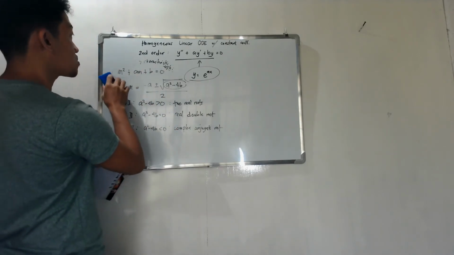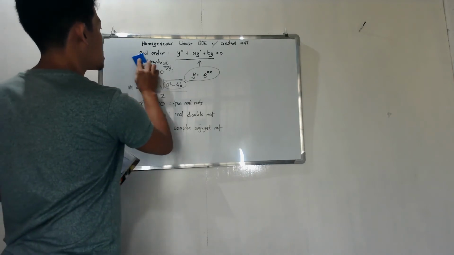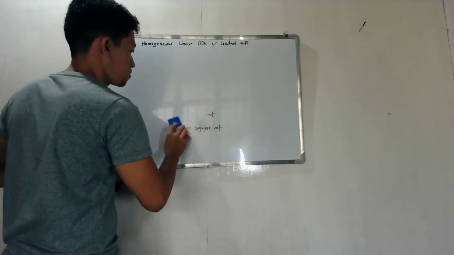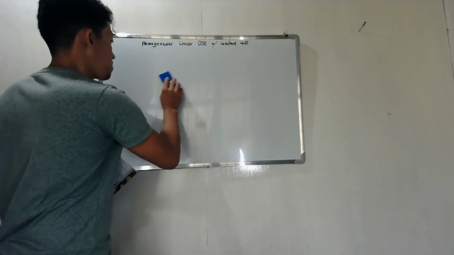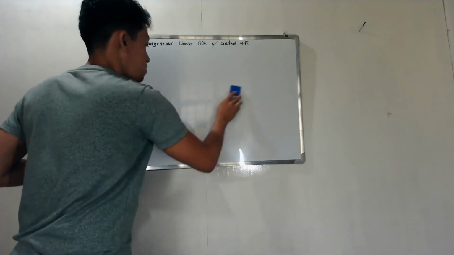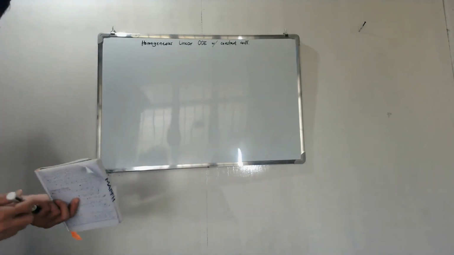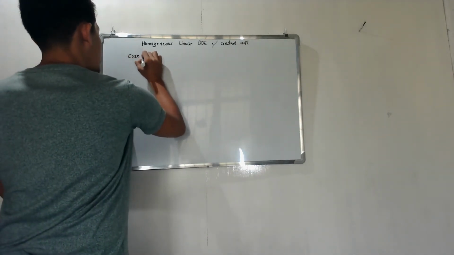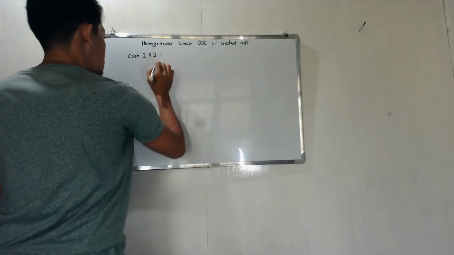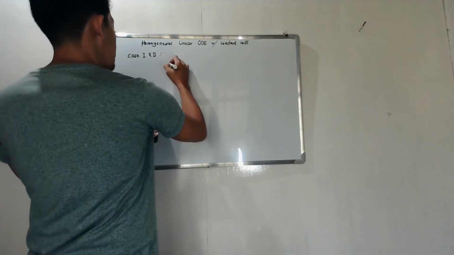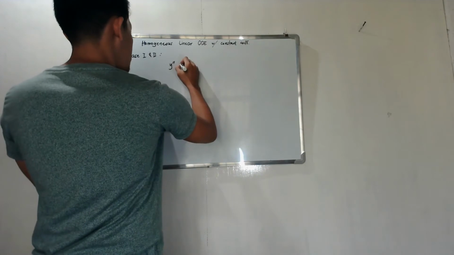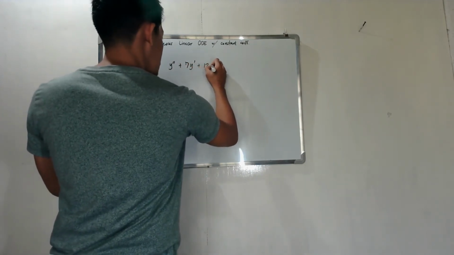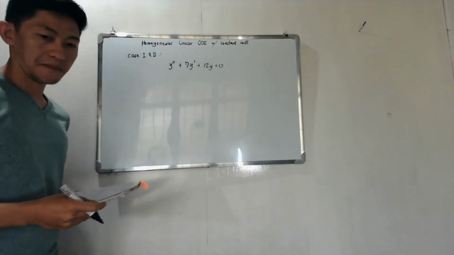Now, I will now erase this one. Okay. For case 1 and case 2, you have y double prime plus 7y prime plus 12y.